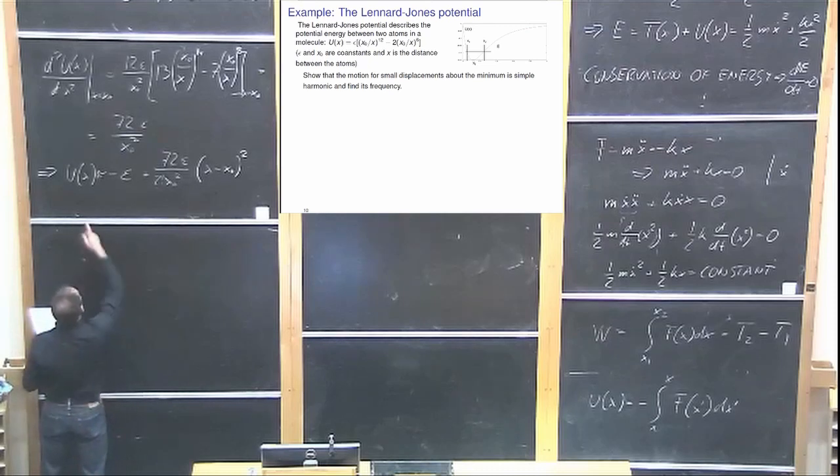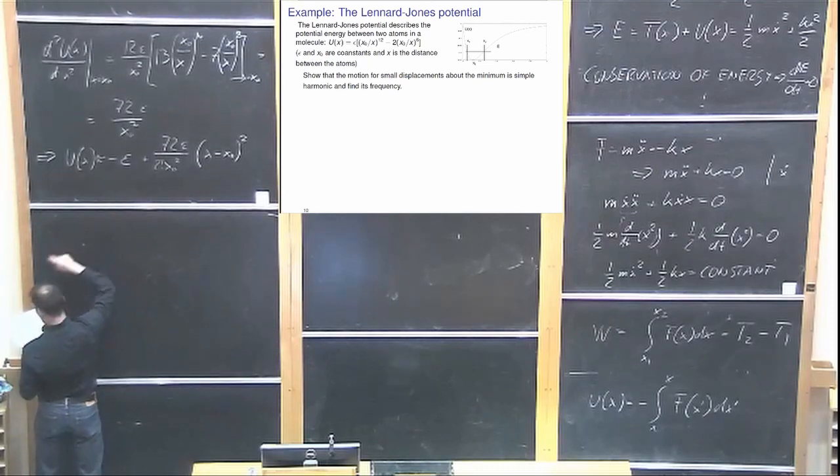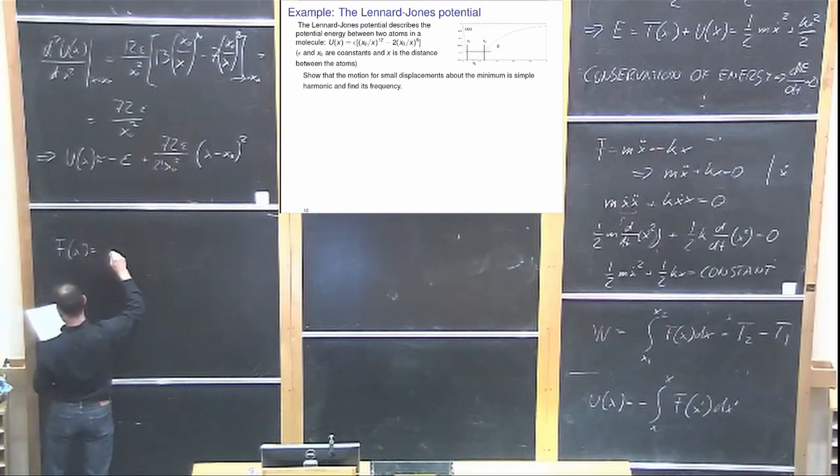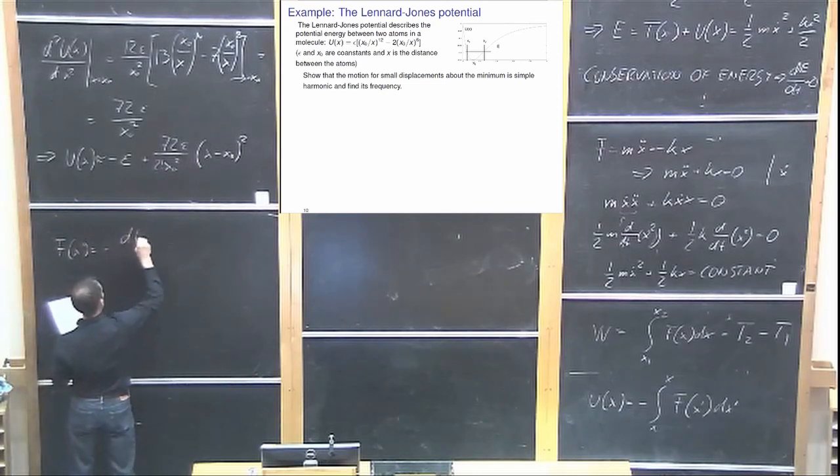Now, we have u. Now let's go to f. F of x equals minus du by dx.